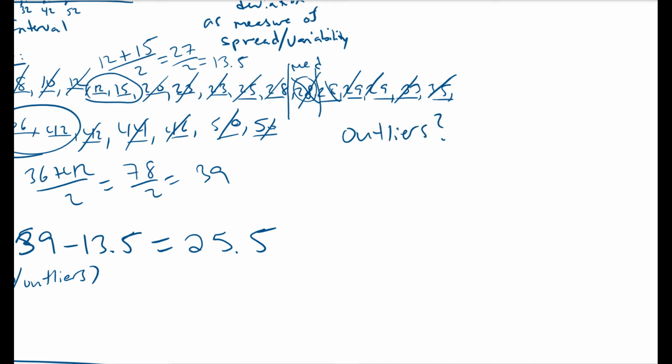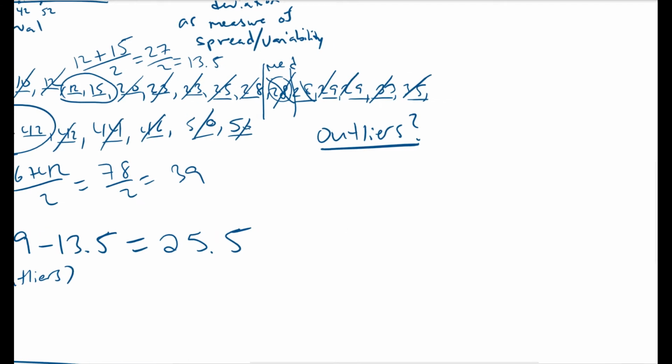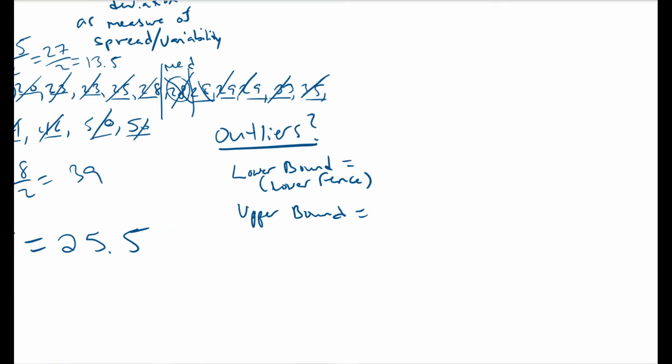So outliers, we need to see if we have any outliers. So we need to calculate our lower bound or lower fence. Sometimes I call it lower fence, lower bound, same thing. And then our upper bound for outliers. Okay, the lower bound, if you recall, this is the 1.5 IQR rule.